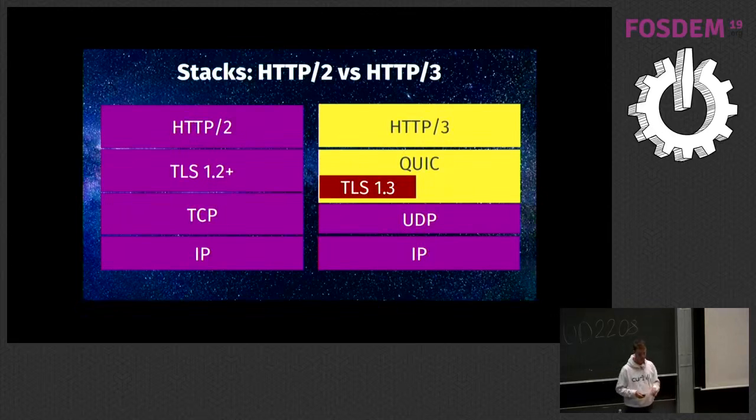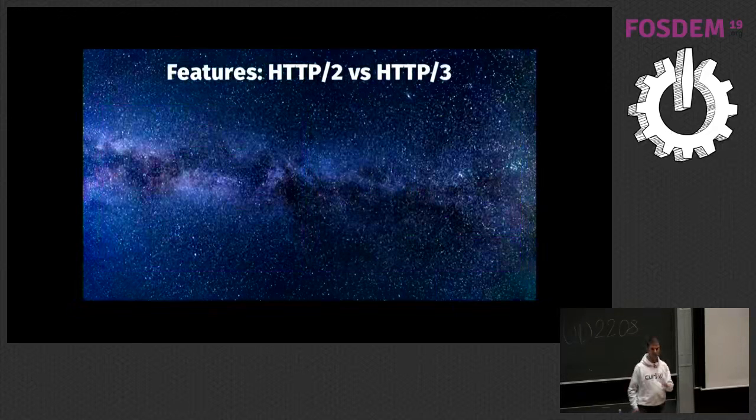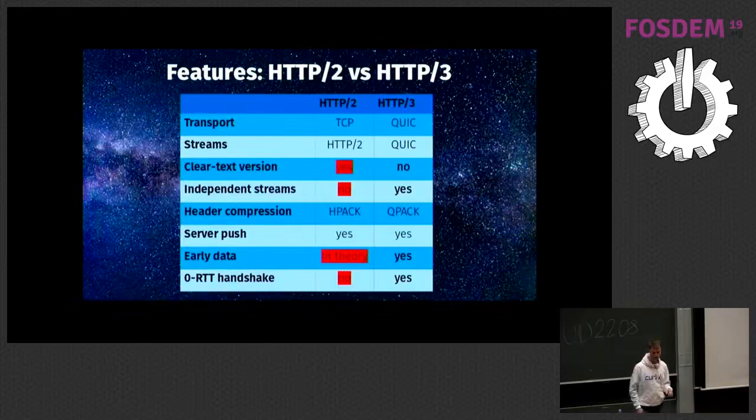Looking at the same data again, HTTP/2 versus HTTP/3, what's the difference feature-wise and functionality-wise? They're very similar functionality-wise. With HTTP/3, there's no clear text.